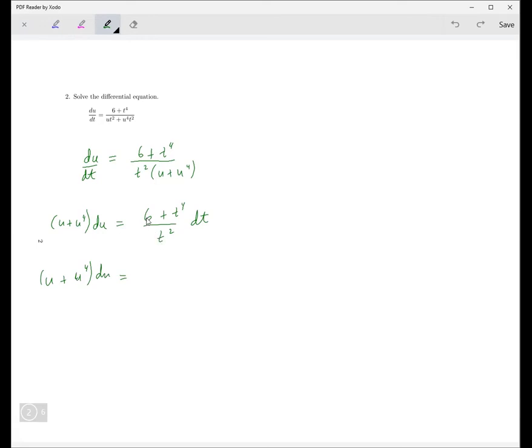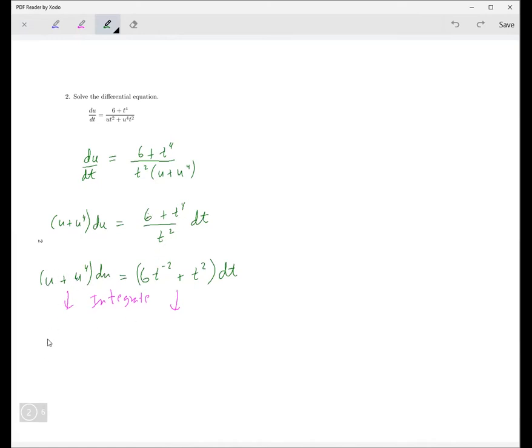This is the same as 6 over t squared, that's 6t to the negative 2, and then t to the 4th over t squared is t squared. And then, of course, at this stage, we integrate both sides. Again, the nice thing is that because this plus is in the numerator, you can split it up into two pieces, this over this plus that over that.